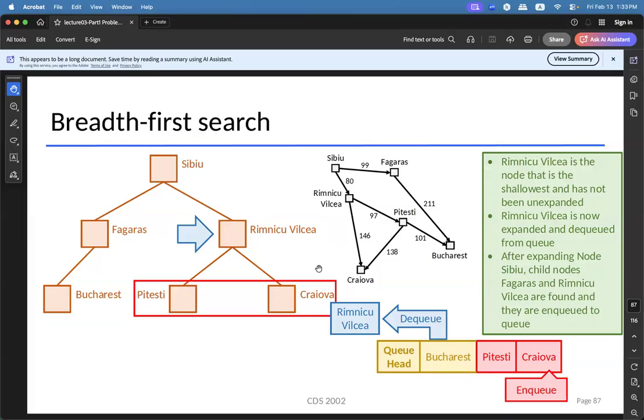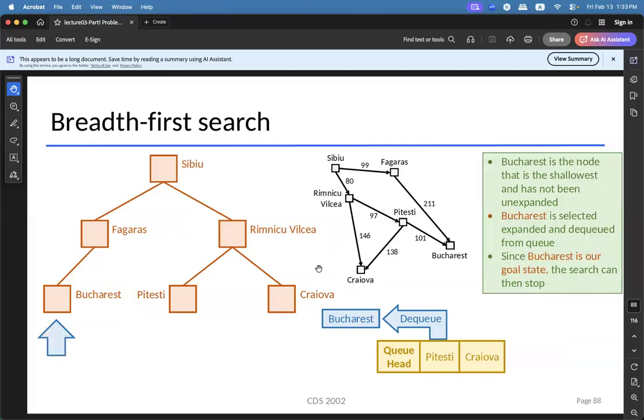At this moment, Bucharest is closest to the head, so next we will explore Bucharest. Because Bucharest is our goal state, we can stop our search.